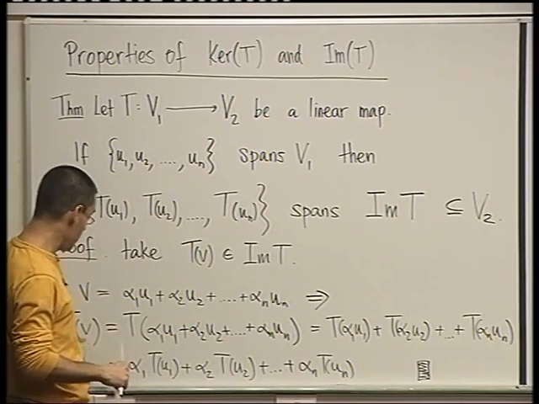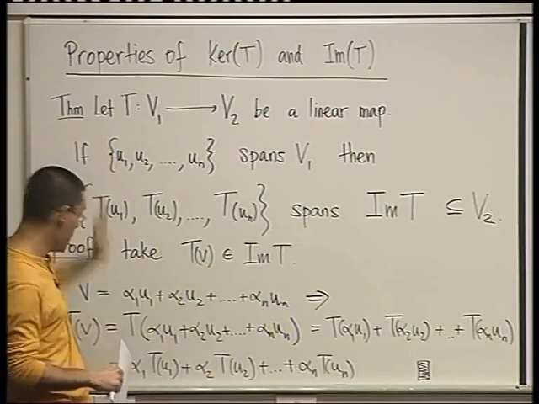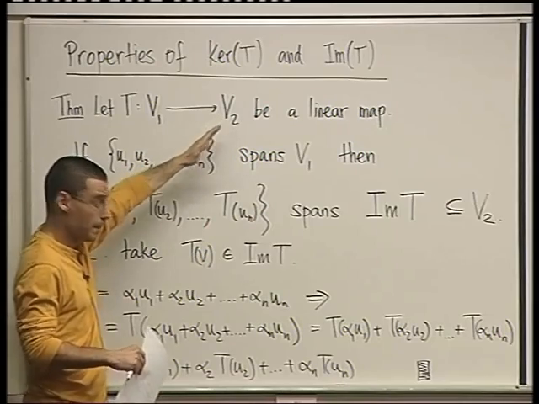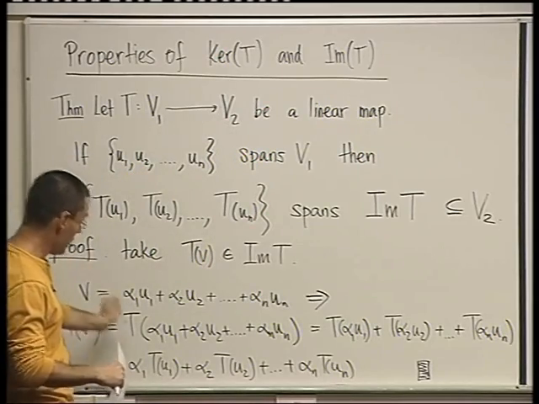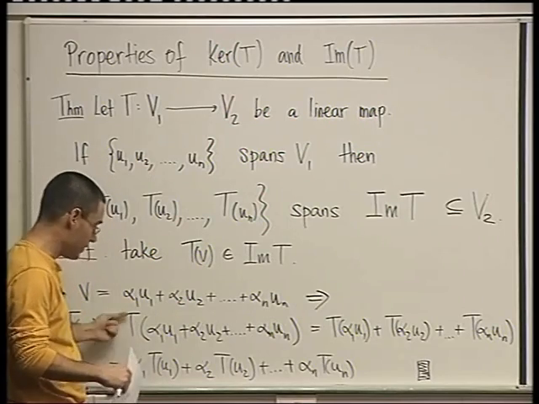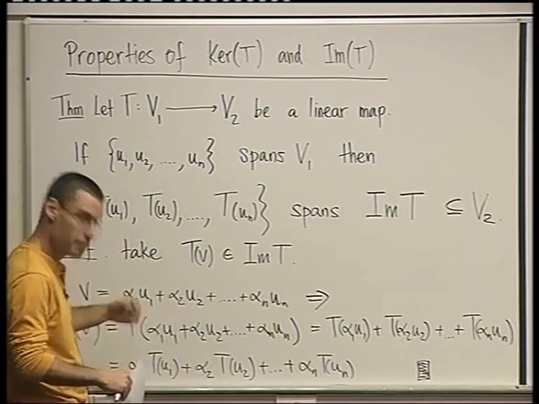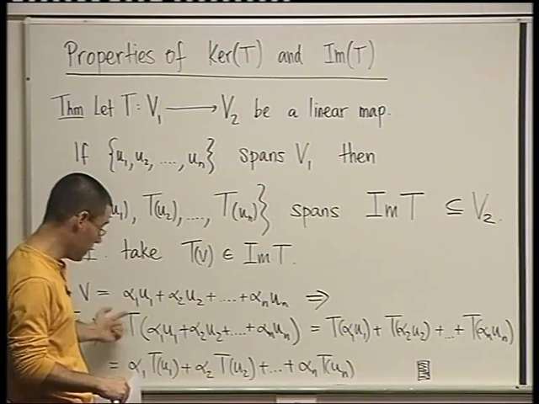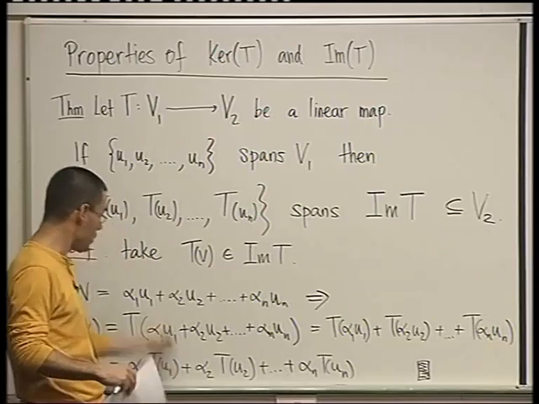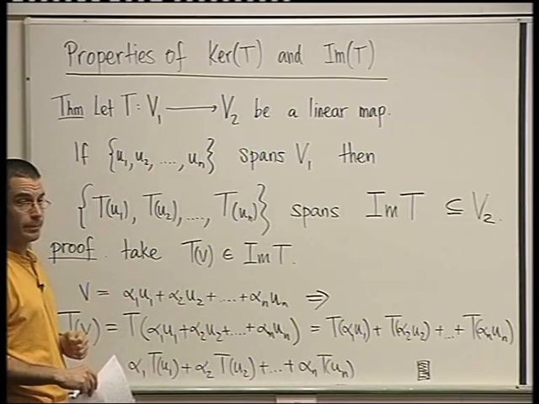Therefore, T of V, now everything lives in V2. Once you apply T to something, it's in the range. It's in V2. Okay? T of V is in V2. It's T of this linear combination. Being a linear map, I can take this step, which I took in pieces because it's the first time I'm doing it. And now I showed that T of V is a linear combination of the T's of the ui's. Good?